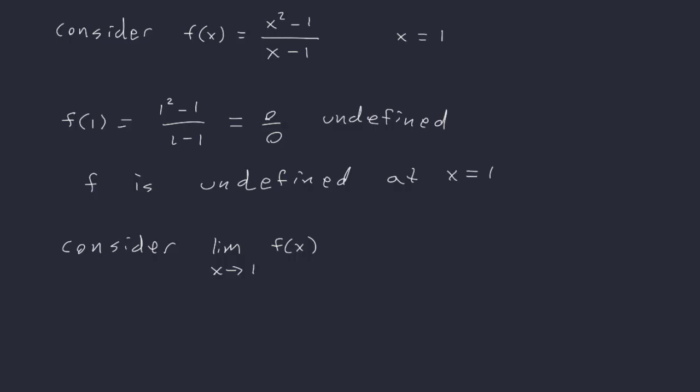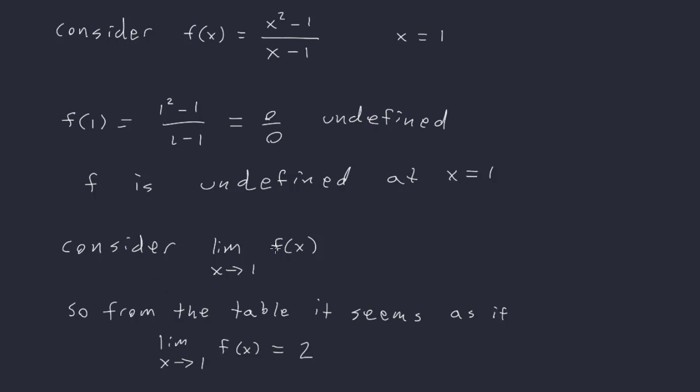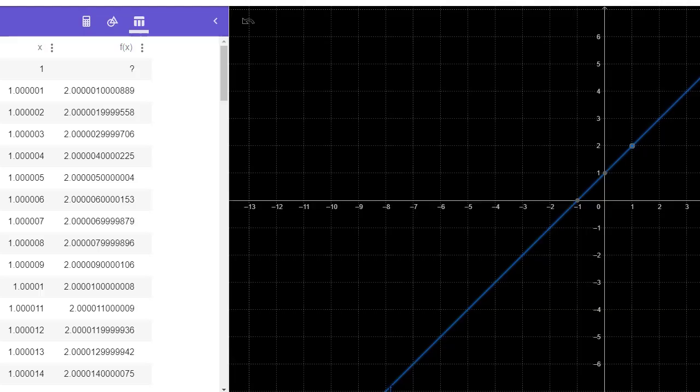However, all the way zoomed out, all we really see here is a point. So from the table, it seems as if the limit as x approaches 1 of f of x is equal to 2.